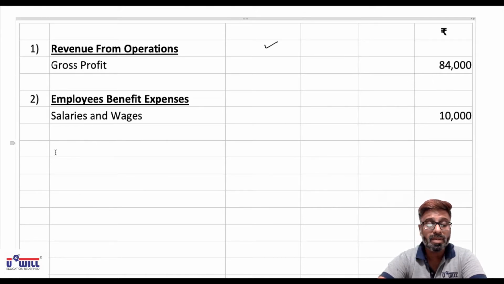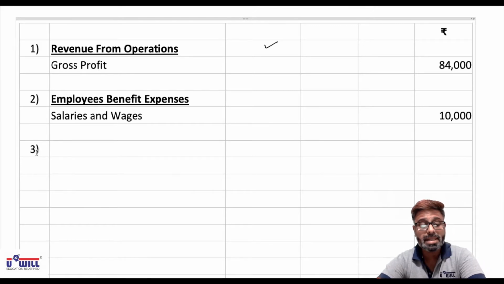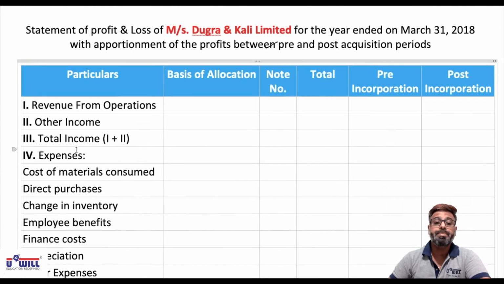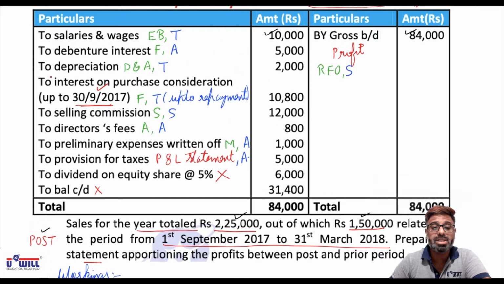Then the third note will be for, after employee benefit expenses, C, D, E, F. F stands for finance cost. In finance cost, there are two items. One is interest on purchase consideration, the other is debenture interest.